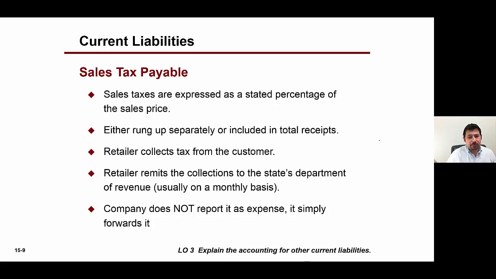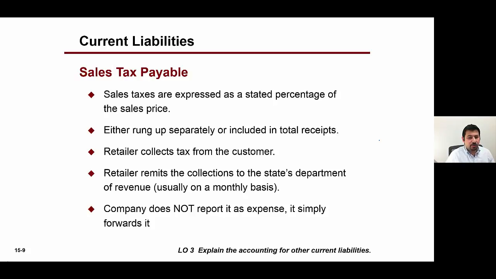Basically this is usually presented as a percentage of sale. Like in New Jersey, in general, sales taxes are 7%. So if you go to Walmart in New Jersey, you will be paying 7% multiplied by the price of the products. The companies would either ring it up separately or include it in the total of the receipts.